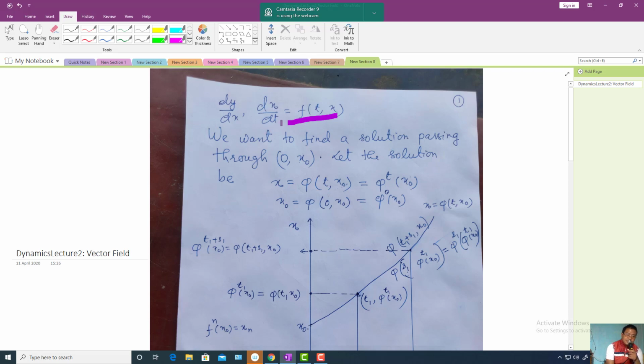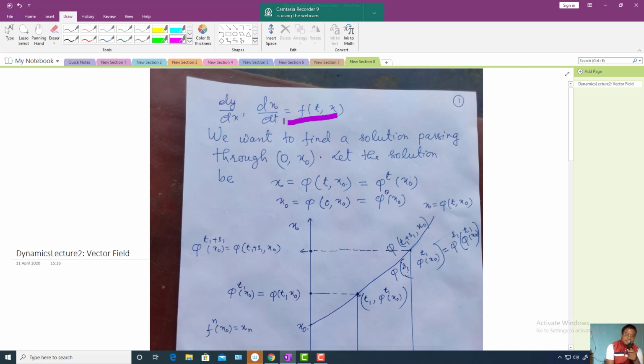Suppose you understand that at all possible points this can be found easily using this function. This function is known, so by taking different points you can evaluate it, and that is the slope.